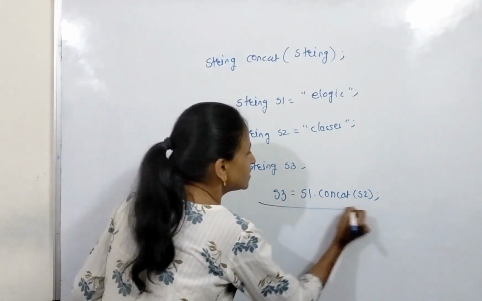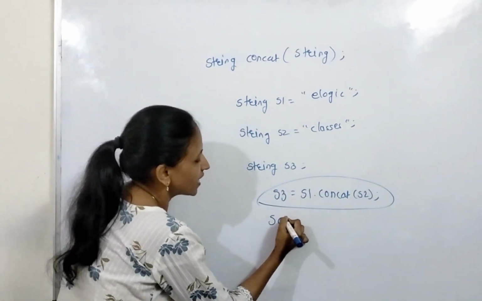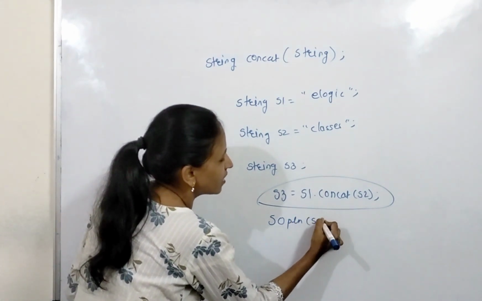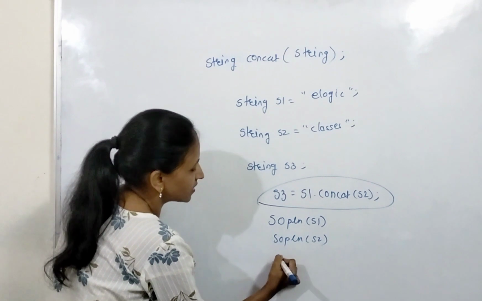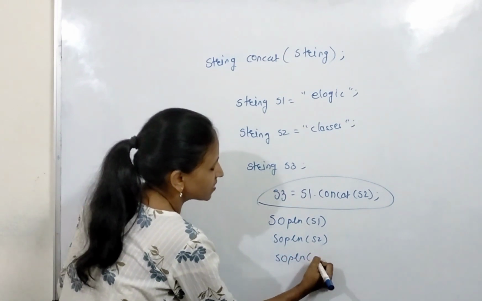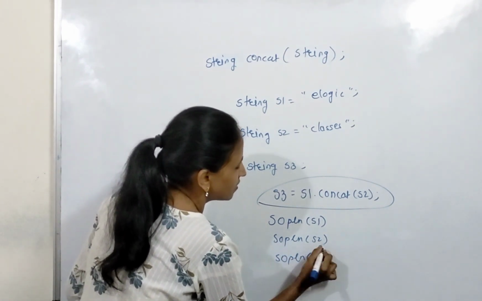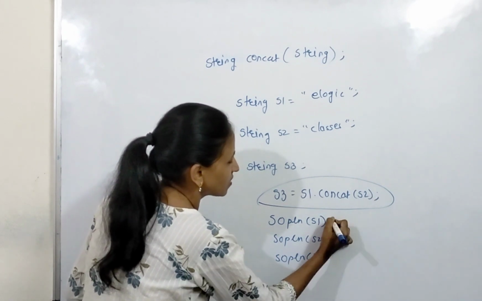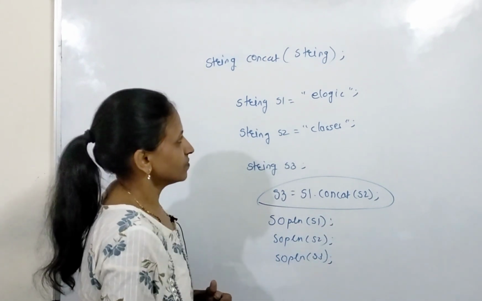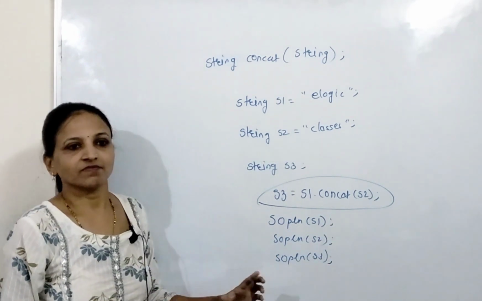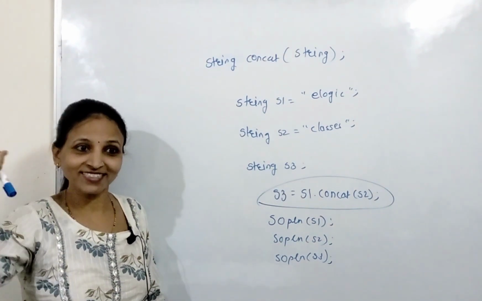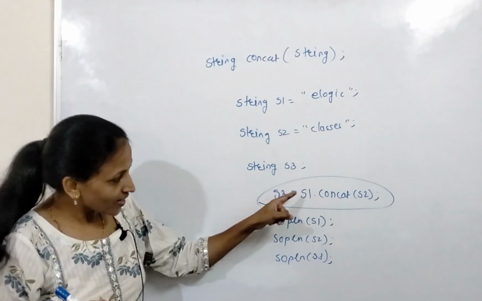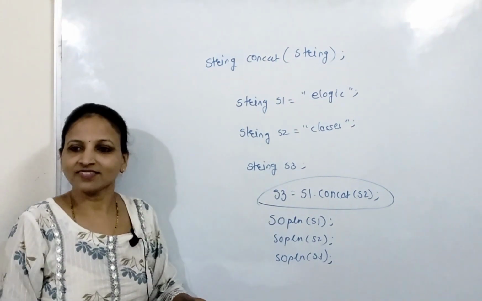After this execution, if you display sopln s1, sopln s2 and s3, just guess what the answer will be in all cases. S1 has eLogic, S2 has classes and S3 has eLogic classes. Yes, very simple. Just don't think like C, because in C S1 would get affected.